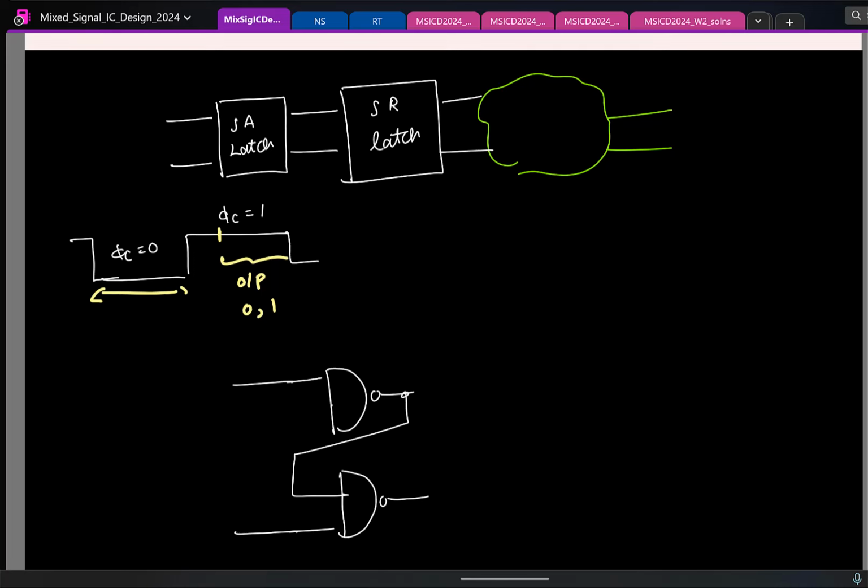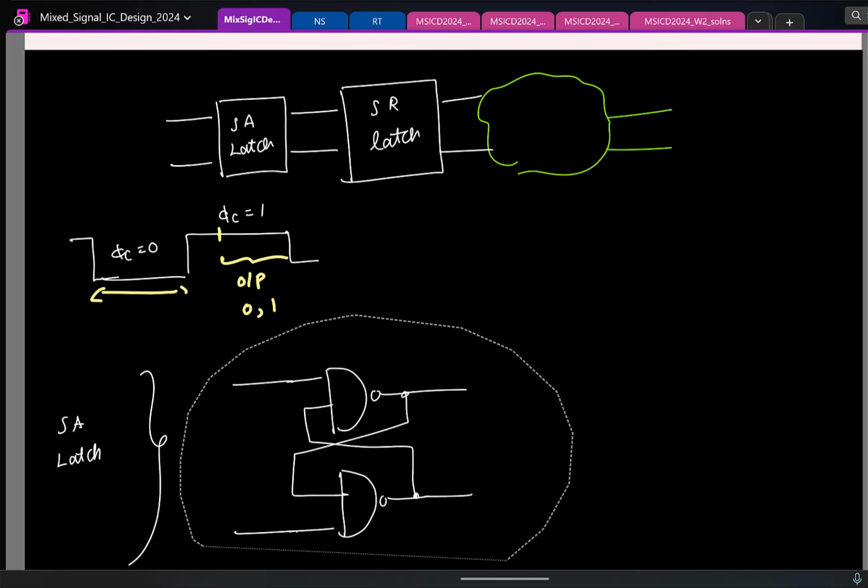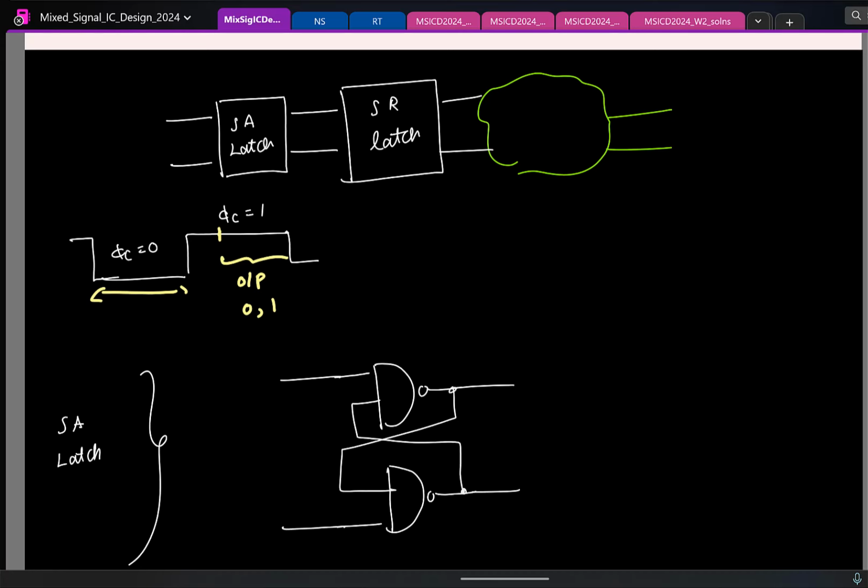Once again, you see, even in this SR latch, you have this cross coupling business. Let us say this is the output of the StrongARM latch that you are directly feeding. Let's see if it's serving our functionality. Let us say after the comparison, the output is 0, 1 like this.